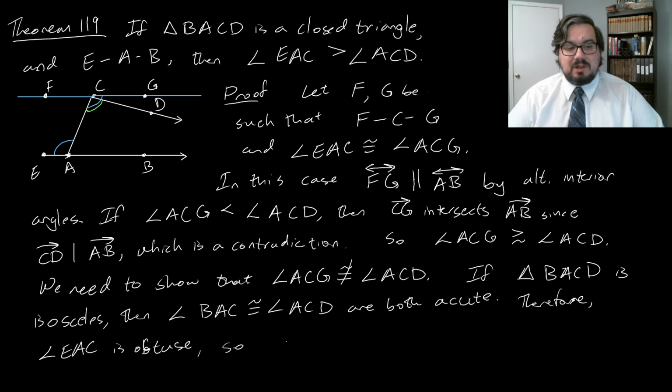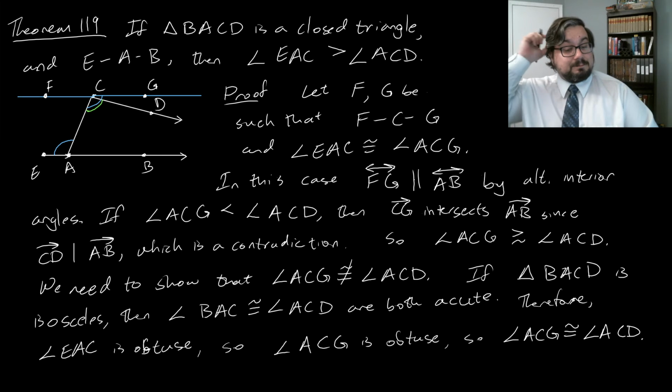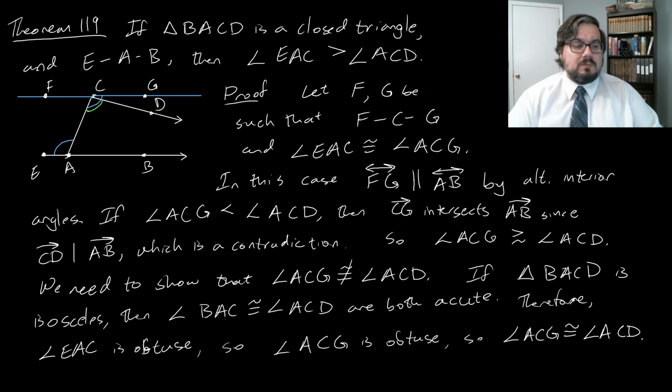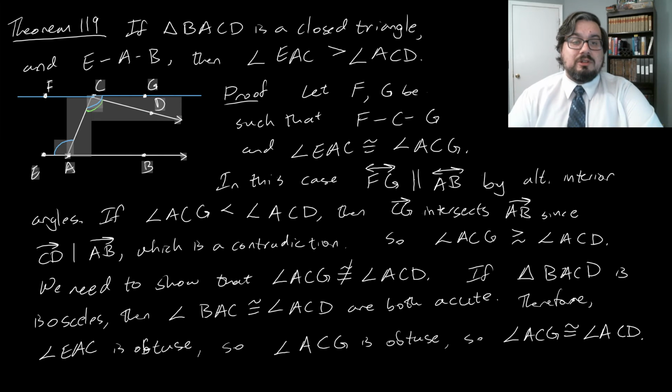And so in this case also, that means that the angle ACG is obtuse. So that means that the angle ACG is definitely not congruent to the angle ACD. But what happens if the original closed triangle is not isosceles?